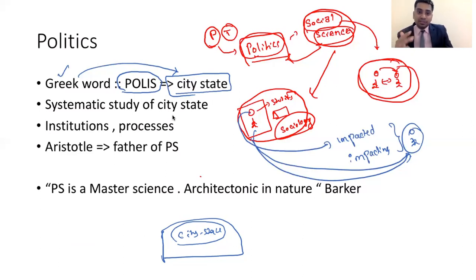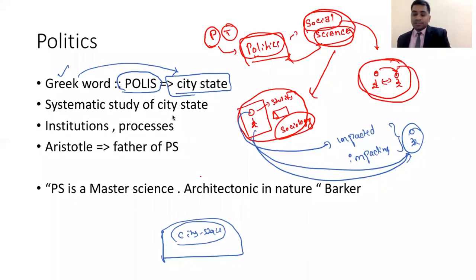These three things you'll be discussing in politics. Once you analyze this, you will understand the structure present in a particular area to ensure the so-called systematic way of life, and how that systematic way of life is being carried out in a particular geographical territory. That is called politics.